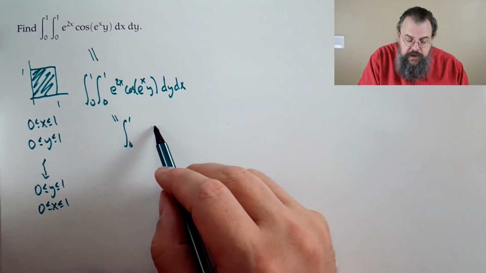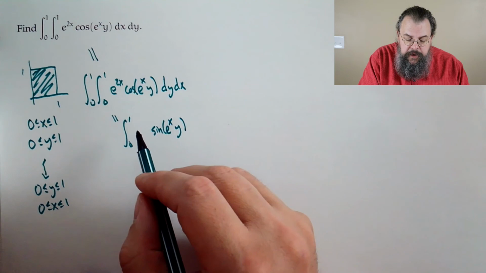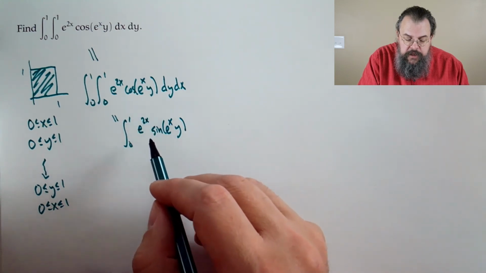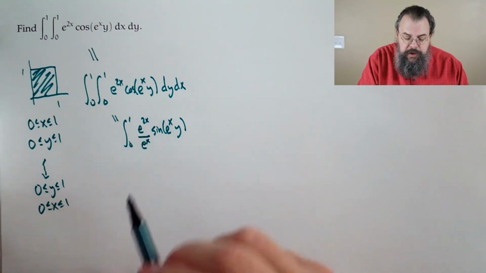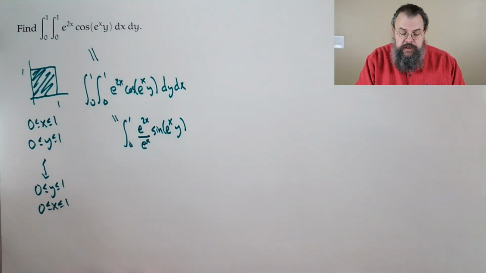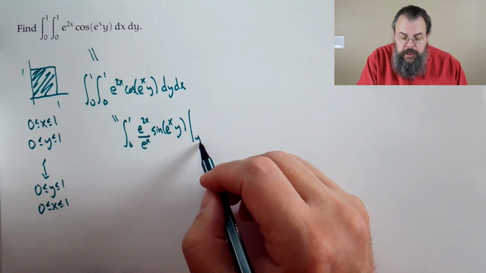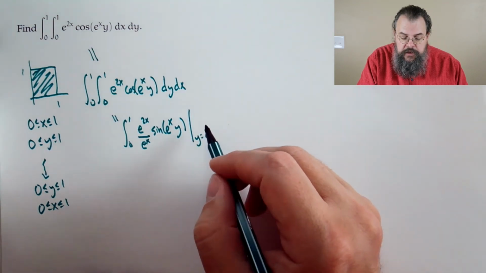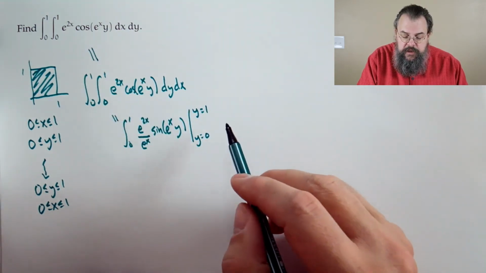So we would have sine of e to the x y, and we'll have e to the 2x in front. Then we have to divide by the e to the x. It's acting like a constant when we integrate with respect to y. So we'll write it in that format there. And we're going to evaluate from y equals 0 up to y equals 1. Those are our bounds, dx.